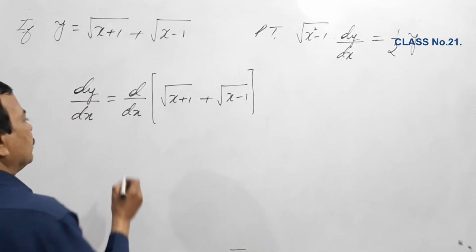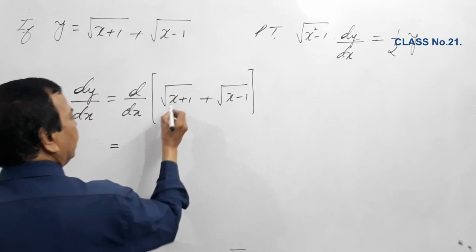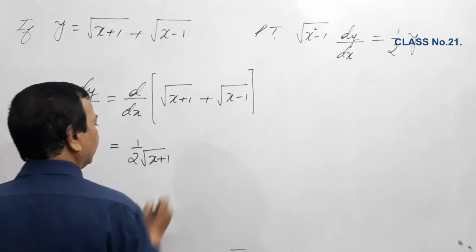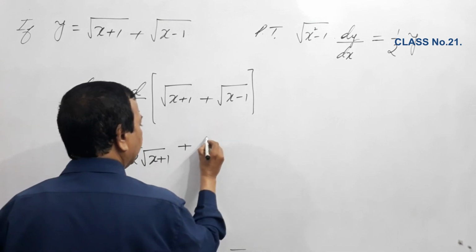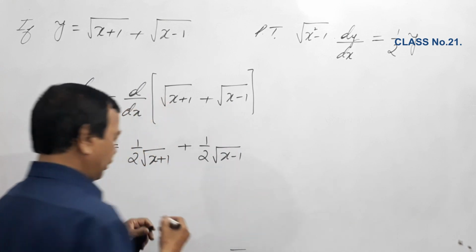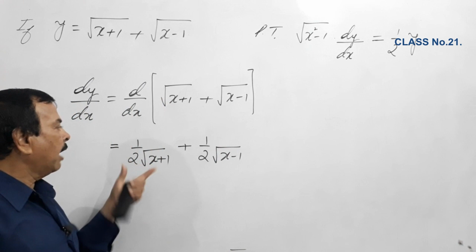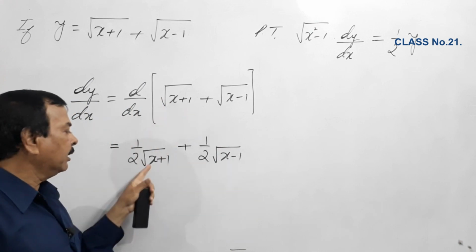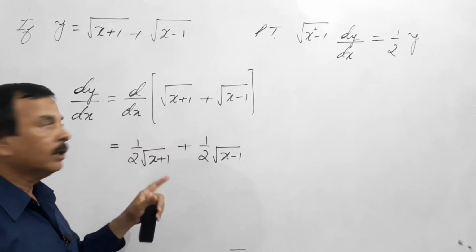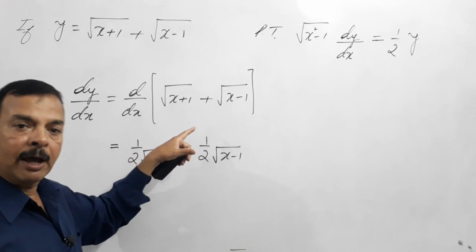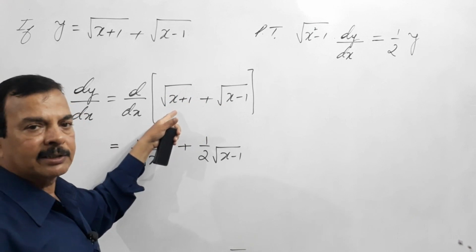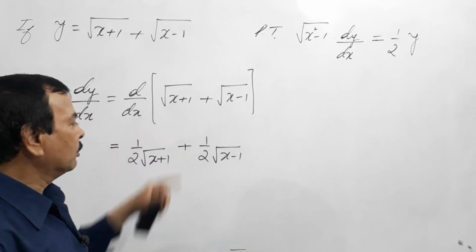If you differentiate this, this becomes half into root of x plus 1, plus again half into root of x minus 1. Now here you have to differentiate the inner function, but the moment you differentiate, d by dx of x is 1, so here you get 1, but no use, let us ignore it. In the event if you had x square here, you would have differentiated x square also. d by dx of x square would have been 2x, but since you have x, straight away you can write 1 and ignore it.